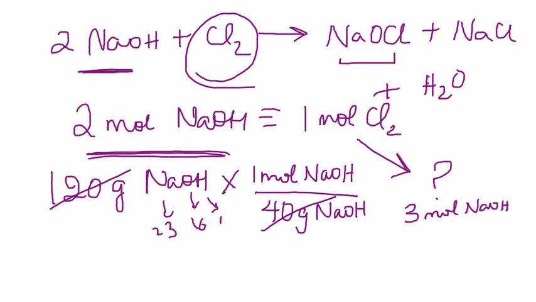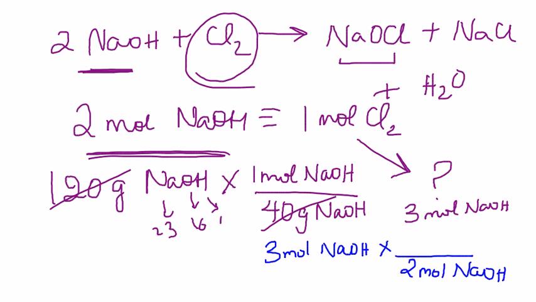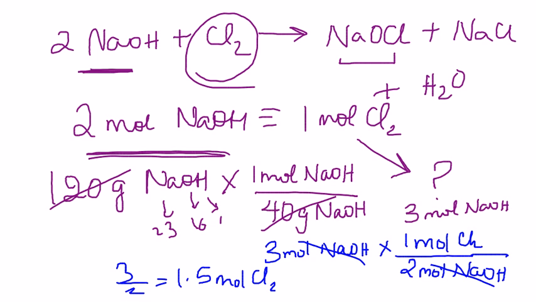And in accordance to the stoichiometry, 2 moles of sodium hydroxide corresponds to 1 mole of Cl2. So let's just incorporate the stoichiometry as well. Since 3 moles sodium hydroxide is what I have, and 2 moles sodium hydroxide is equivalent to a mole of Cl2, I can say that in this entire process, 3 divided by 2, that means 1.5 moles of chlorine will be required.